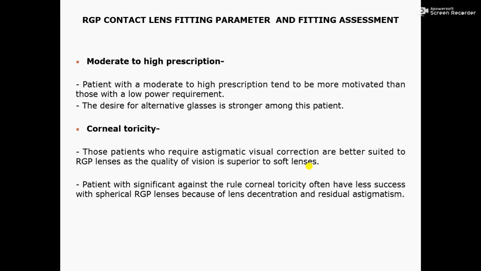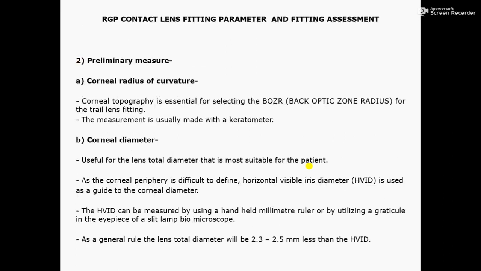The representation of a corneal surface using the biconic model allows variation of the apical curvature and sphericity of the principal meridians. Next, number 2, preliminary measurement.